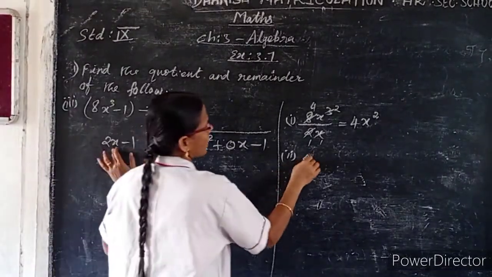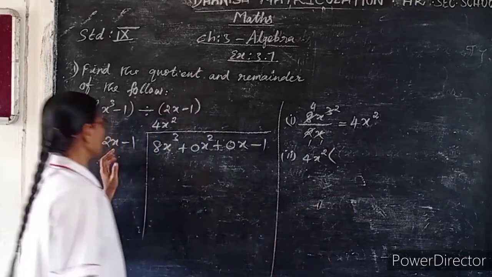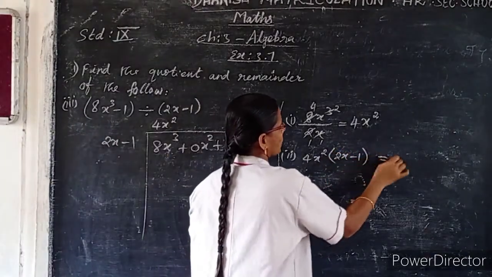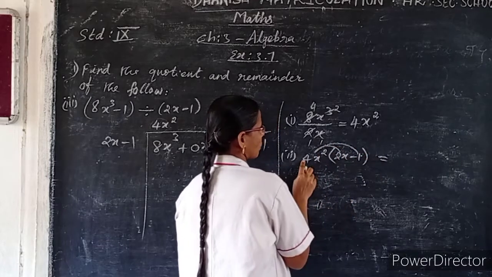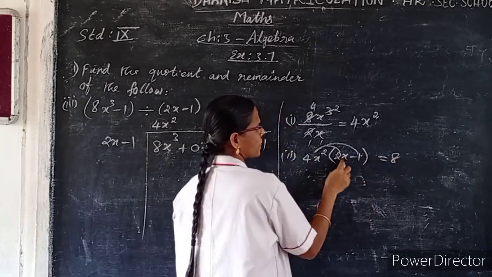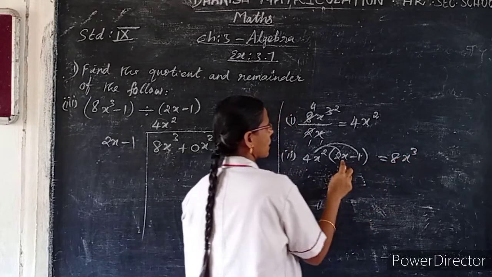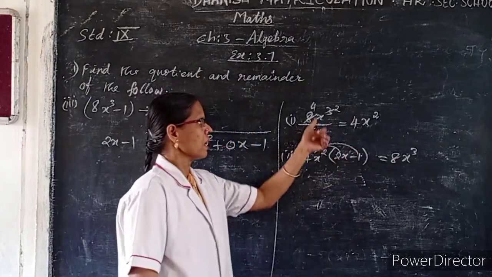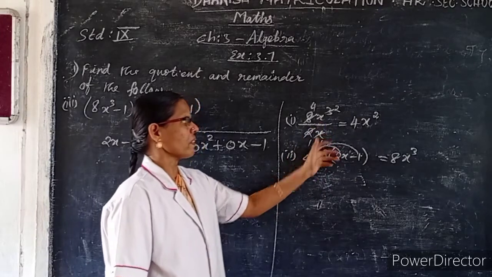So 4x square into 2x minus 1. 4 2s are 8. X square into x is x cube. Here power is 1, so add the power. In multiplication, add the powers. In division, subtract the powers.